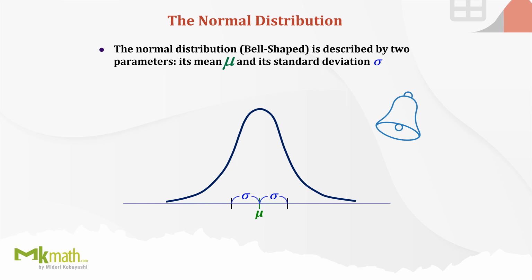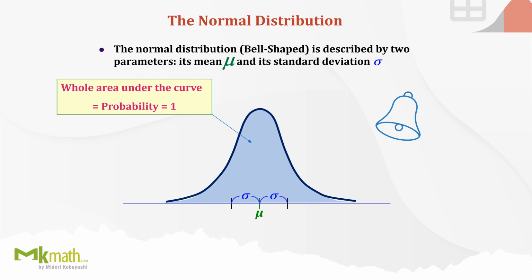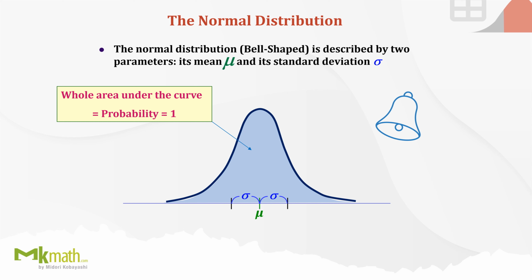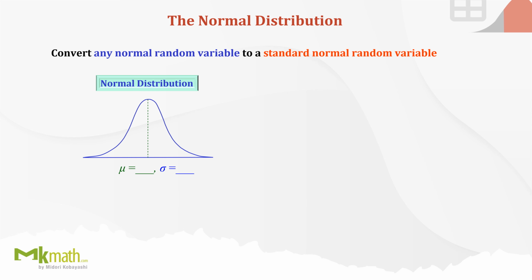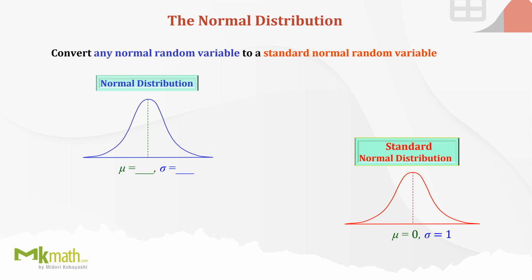Please note that the total area under the normal curve is 1, and it represents probability. The specific distribution of normal distributions is called a standard normal distribution. Let's see the difference between them.